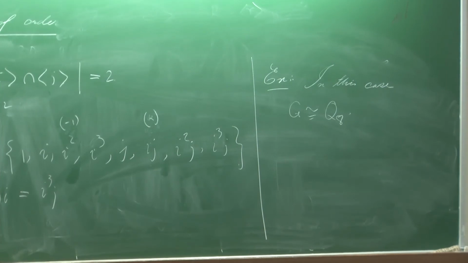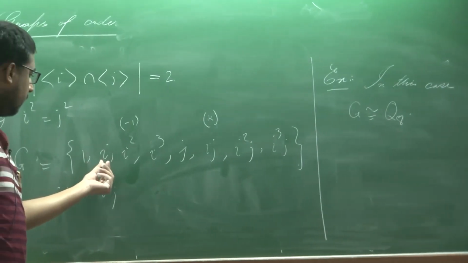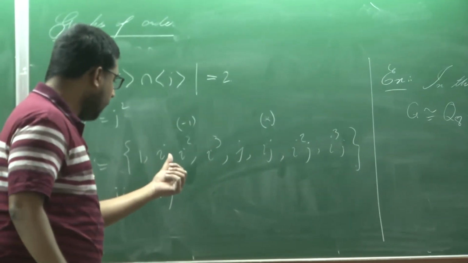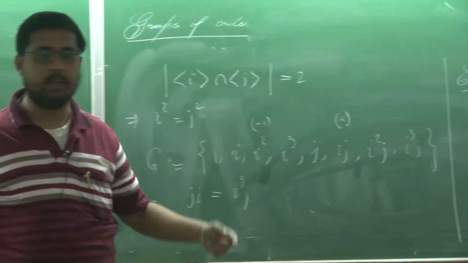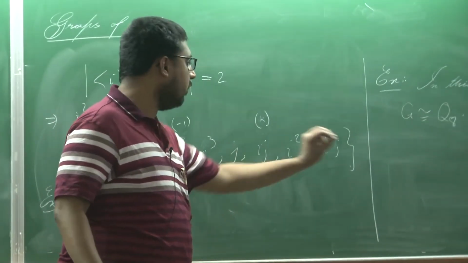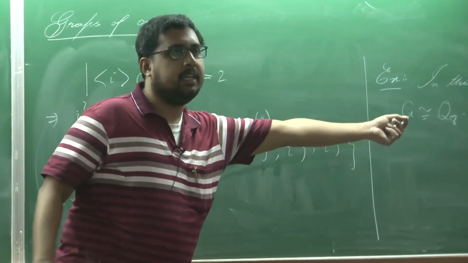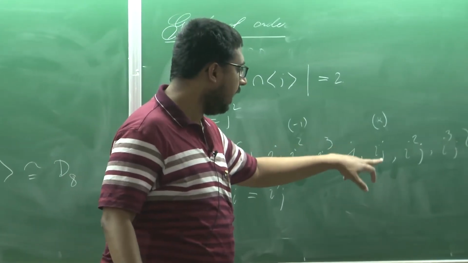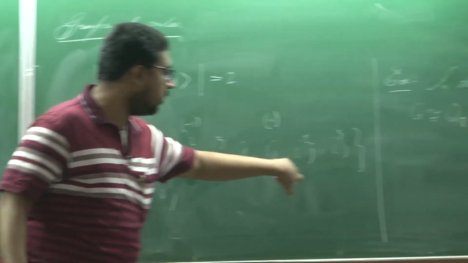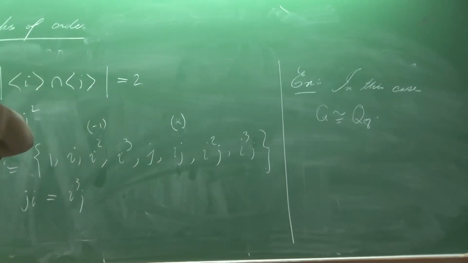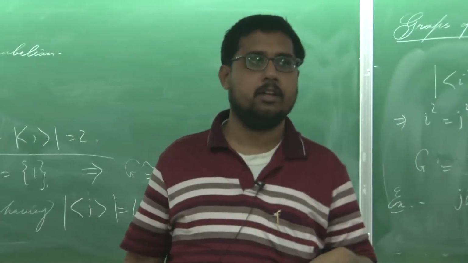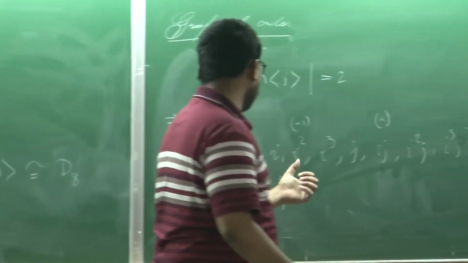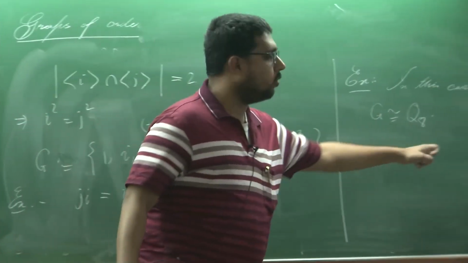Let me again tell you orally. In Q8 we have generators i, j, k. Map i and j to those i and j of Q8, and then it will force ij to be k there. Symbolically, if you just write this as k and rewrite all the other things, you will see that the group table, the compositions, look exactly like that of Q8.